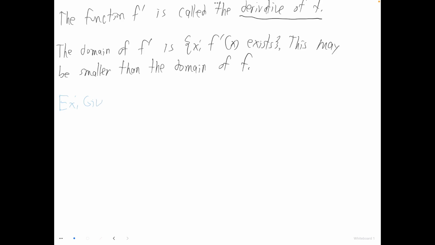So given f of x equals x cubed minus x, we want to find f prime of x. So this is just saying we want to find the limit as h goes to 0 of f of x plus h minus f of x divided by h.